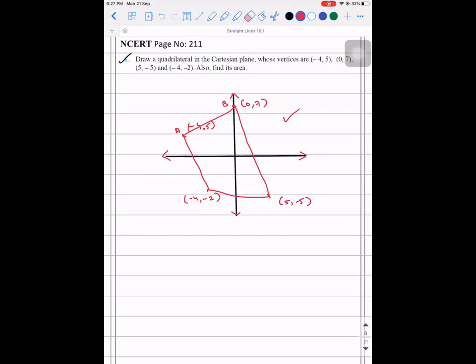See, one point that is clear to me is minus 4, 5 is here, means minus 4, minus 2 will be somewhere over here.